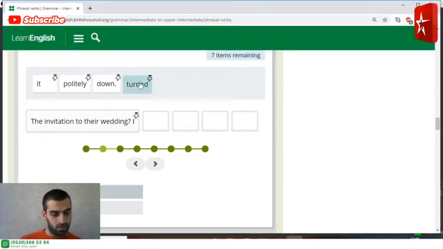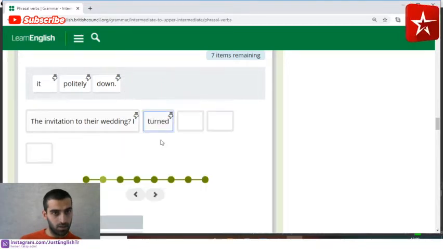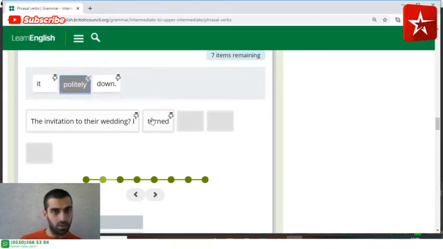I turned it. I turned. Okay. Hussein says invitation to their wedding. I politely turned it down. Okay. Let's choose this answer here.